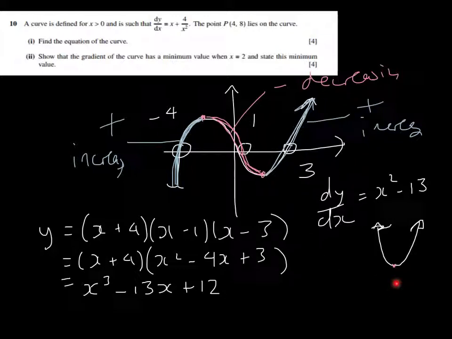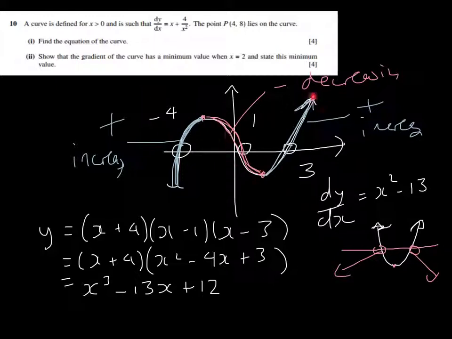Each of these values on this curve is the gradient at this point of x. If I put my x-axis through there, where it cuts the x-axis is when the gradient is 0. So that point there and that point there are the stationary values of the curve.